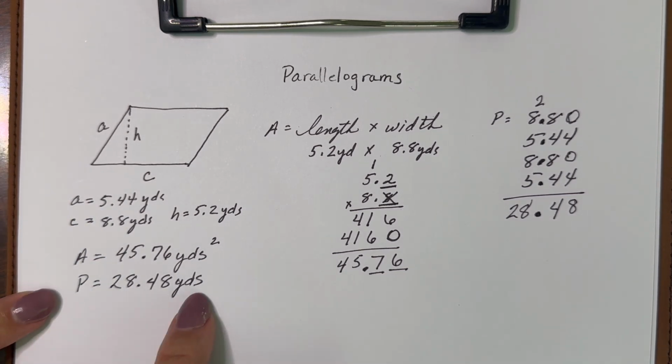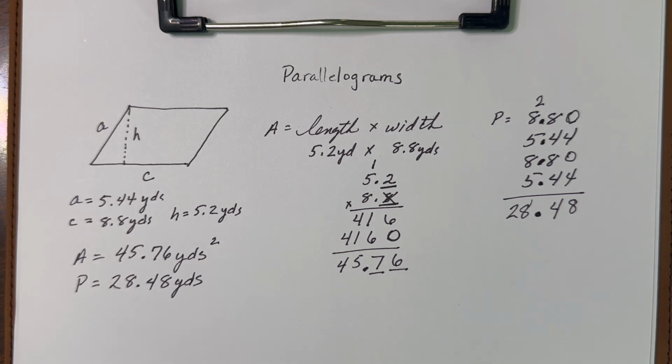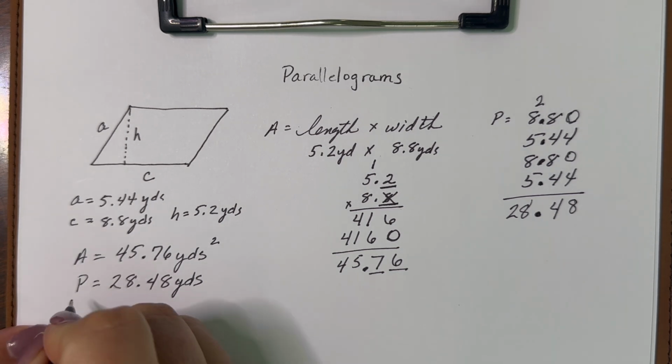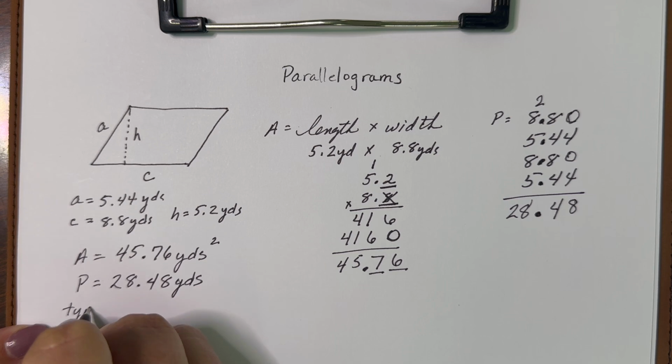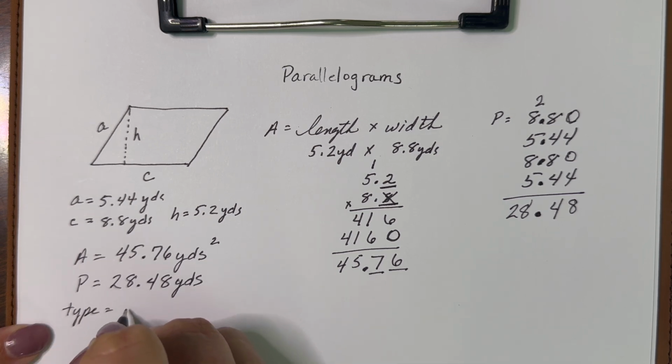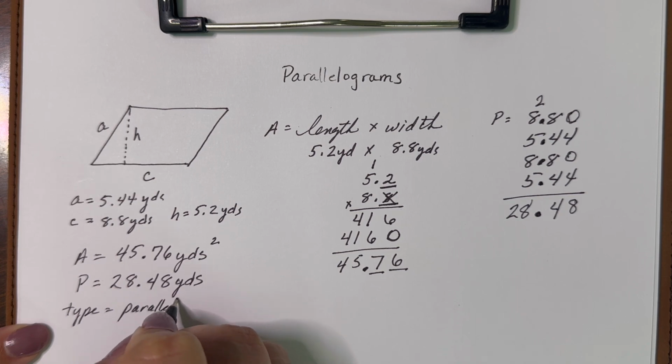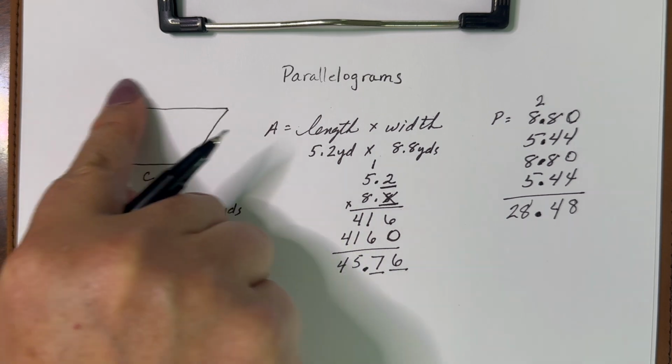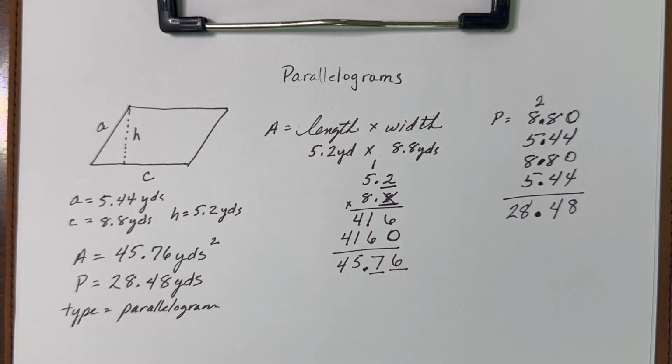So try to keep this in mind when you're doing it. And then it's going to ask you the type. And right now, our type is all parallelograms. So I want you to name these and get in the habit of looking at the picture and naming them. Let's try another one.